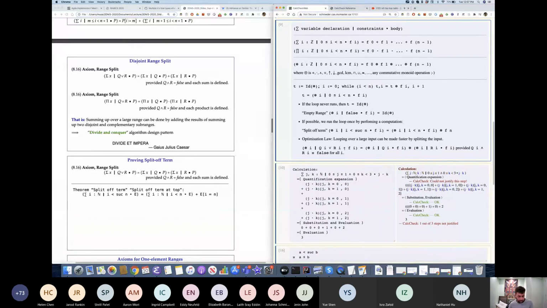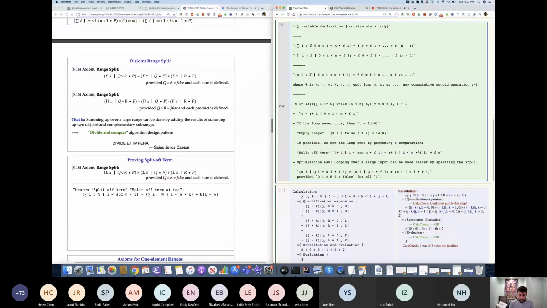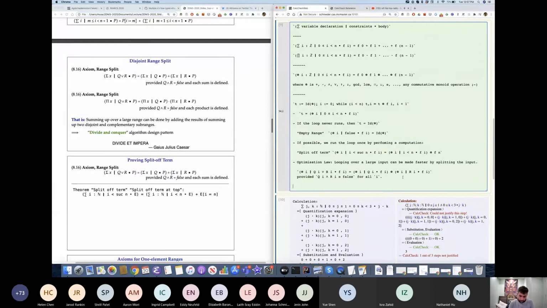Someone was asking about this rule. What if Q and R were overlapping, i.e., had a solution I in common?